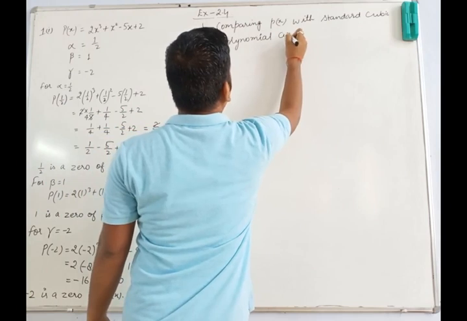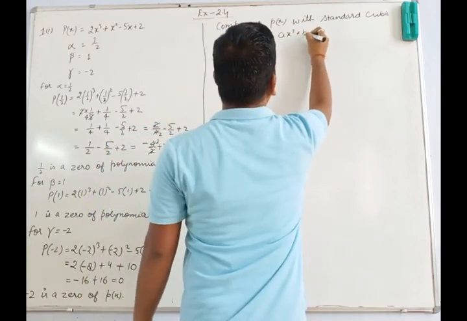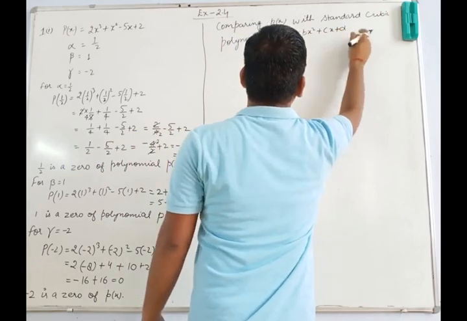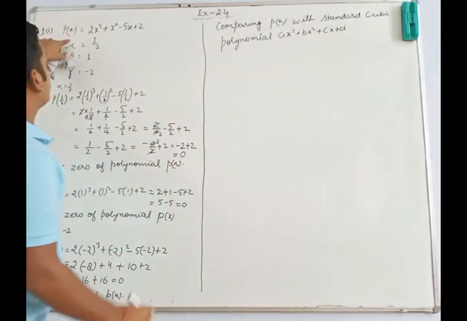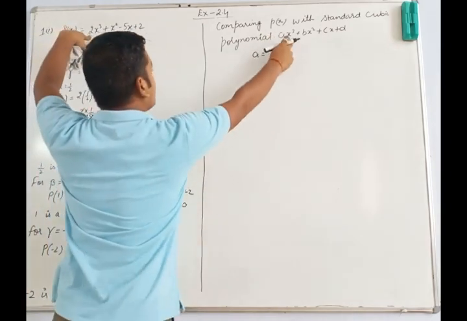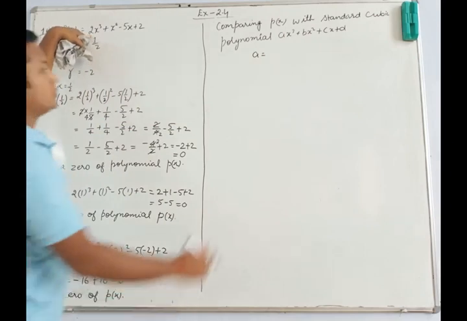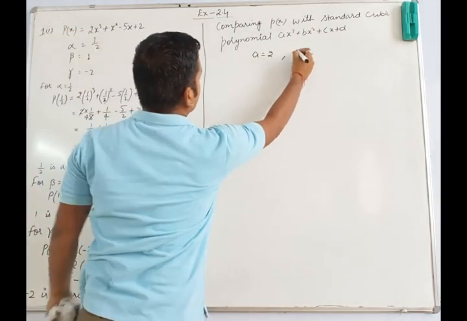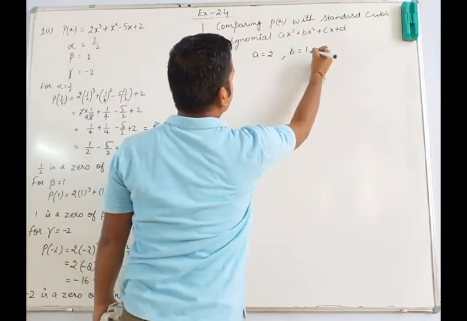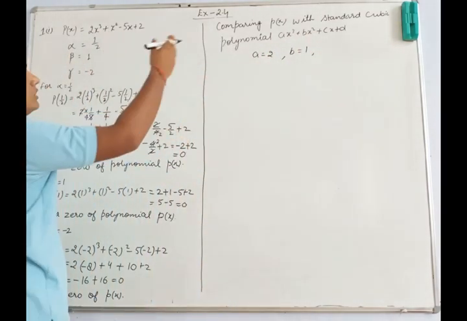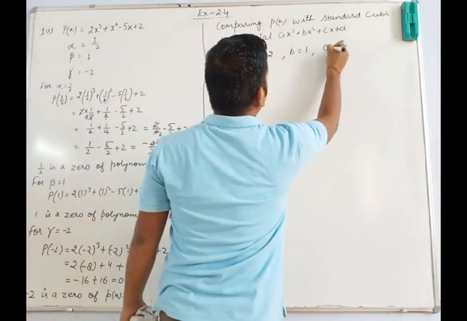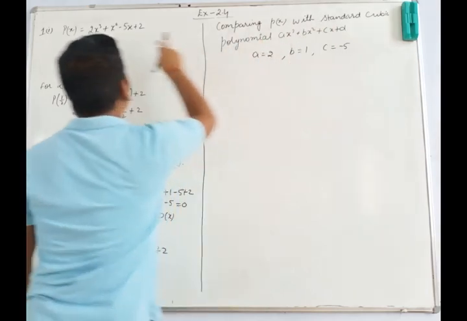Let's write it once: ax cube plus bx square plus cx plus d. Okay, so let's compare. We get the value of a as 2, because the coefficient of x cube is 2. The value of b will be 1, since the coefficient of x square is 1. The value of c is minus 5 by comparing, and the value of d is 2.